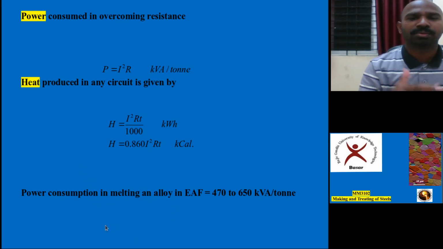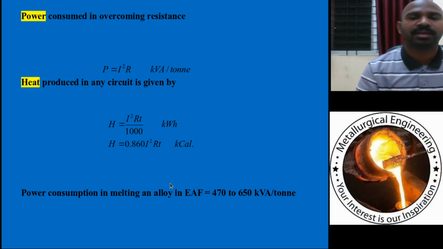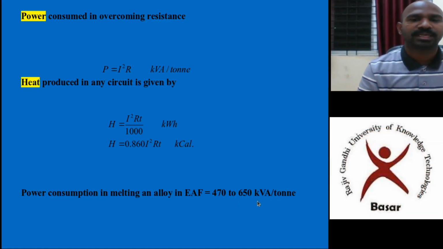And typically the power consumption for melting an alloy, a combination of iron, chromium, titanium, molybdenum, is observed to be 470 to 650 kilovolt ampere per ton. This much power it consumes.